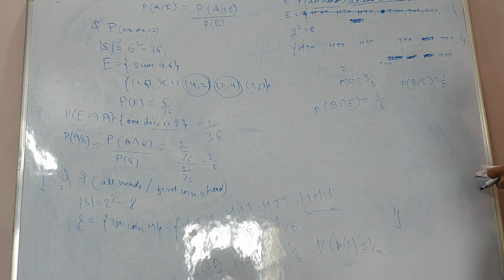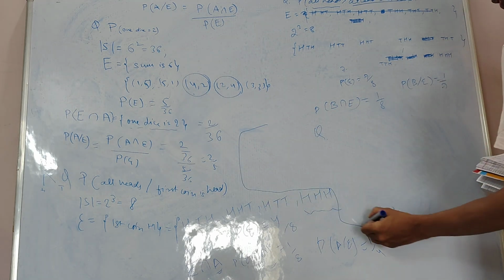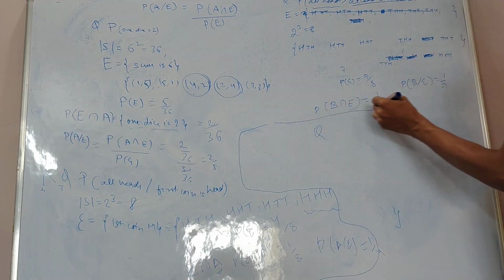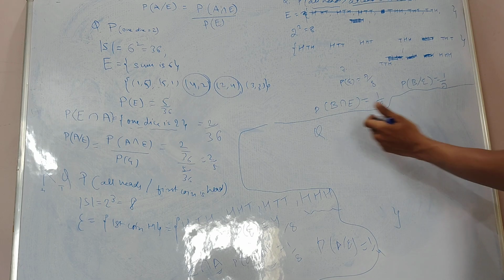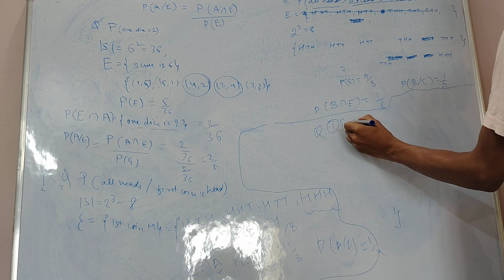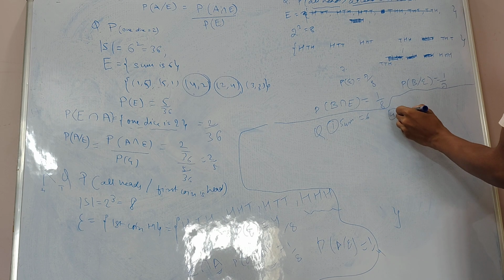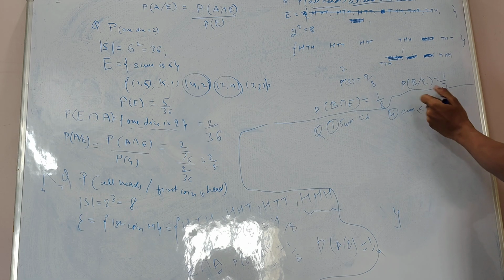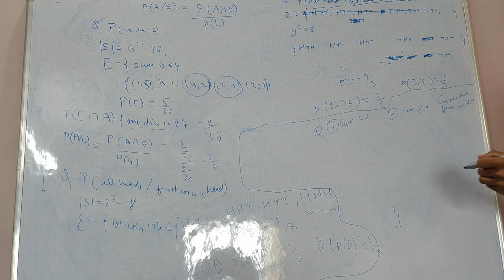Next question is, I have pair of fair dice thrown, both faces different, right? Both faces different. Find sum 6 and sum less than 4, given 2 faces are different, right?